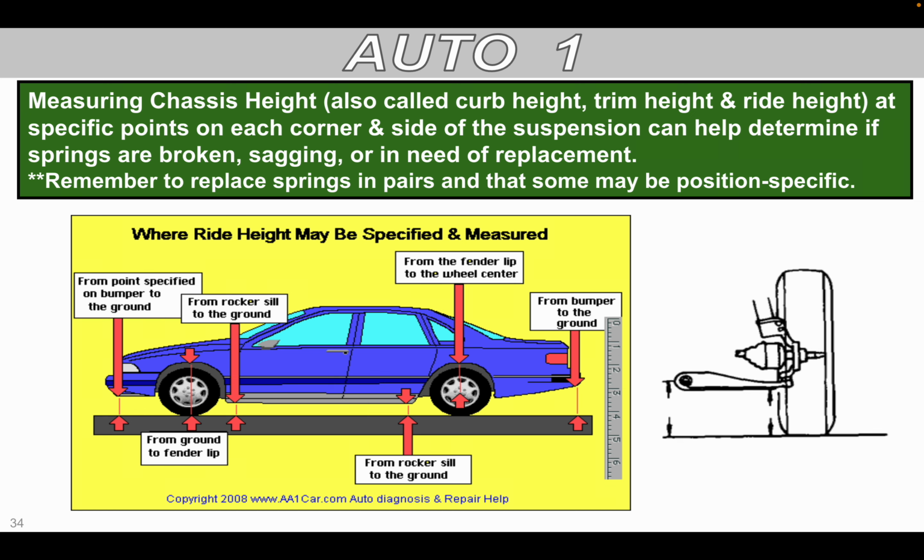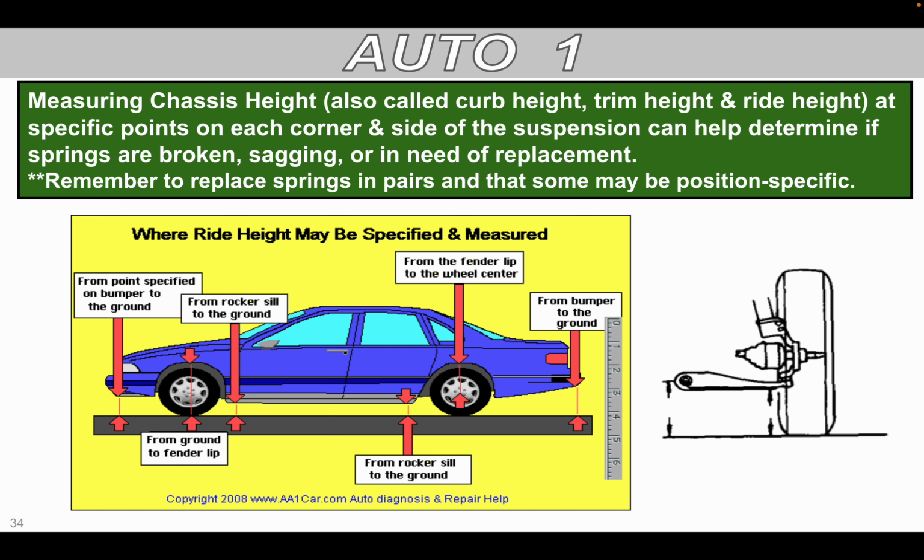All right, measuring chassis height. Sometimes also called curb height, trim height, or ride height. This is going to be at specific points on each corner and side of the suspension system. It is manufacturer dependent. This is not universal across all vehicles or all body styles. So you're going to have to look up this service information on something like Identifix to figure out where the manufacturer has this measurement from the factory.